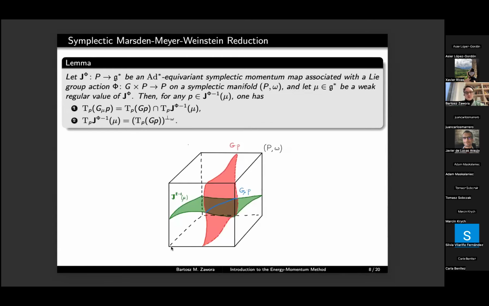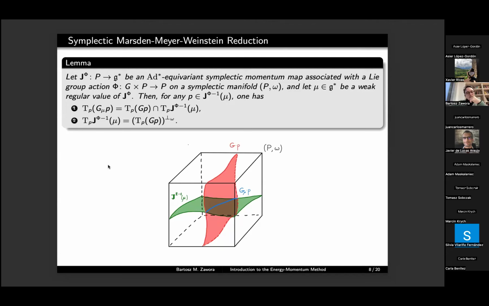Okay. So we are almost ready to move to the Marsden-Meyer-Weinstein reduction. Here is the lemma that is essential to prove the Marsden-Meyer-Weinstein reduction, the classical one, which works for symplectic manifolds.